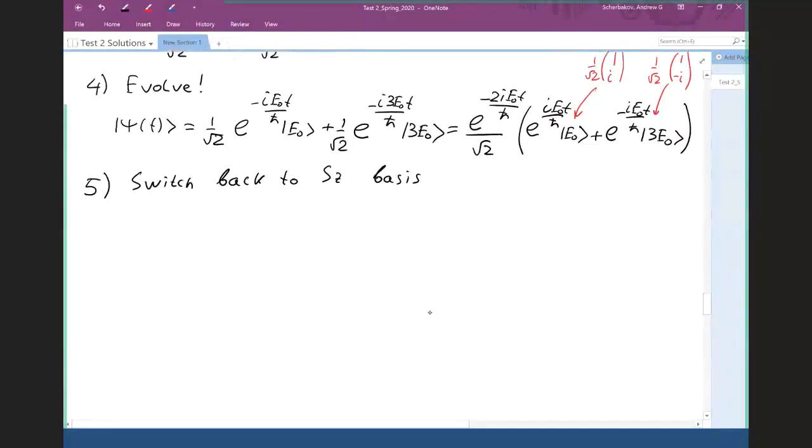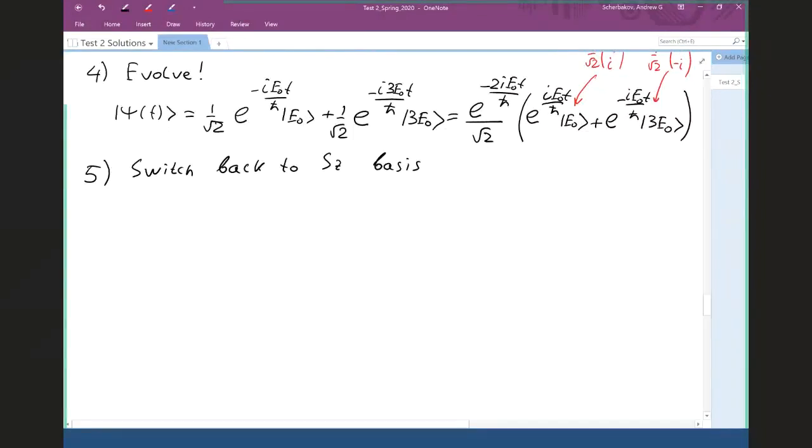And what we get is psi at time t equal to, do I need to keep the overall phase? I don't have to, but let's write it down for now. Over root 2.